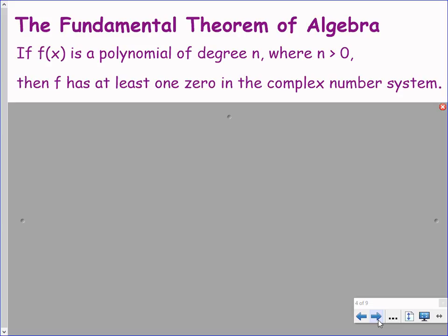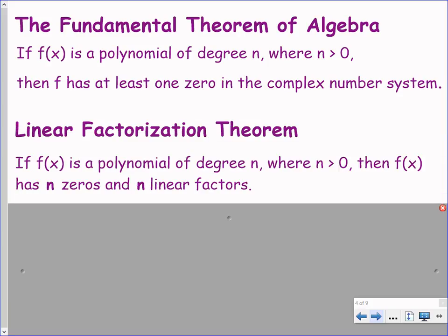So this is saying, if you're not a horizontal line, your polynomial has a degree greater than 0, then you will have at least one 0 that is real or imaginary. That's all that says.